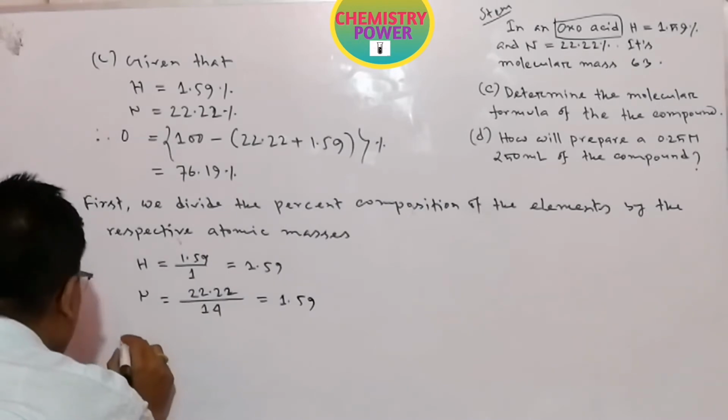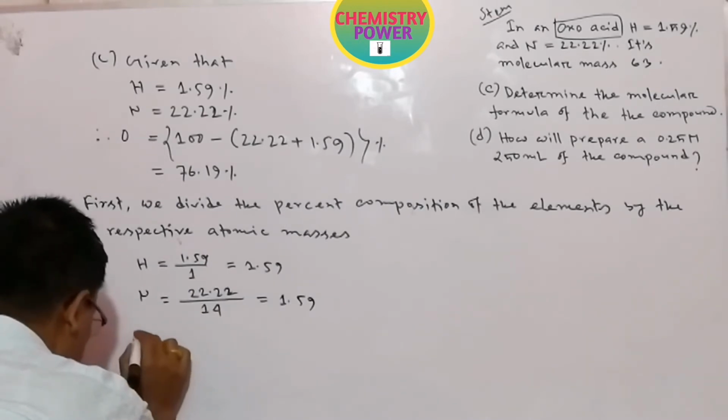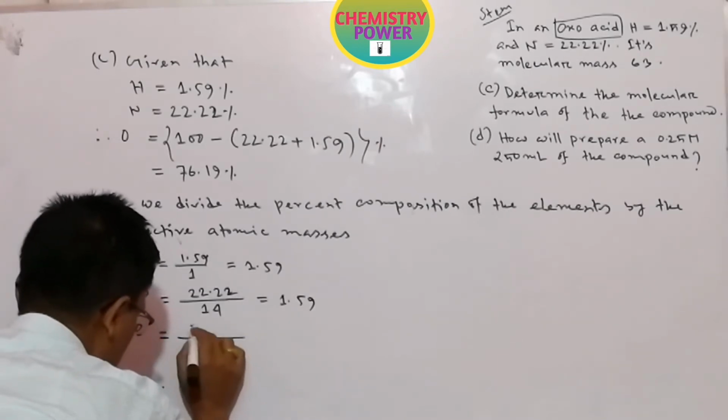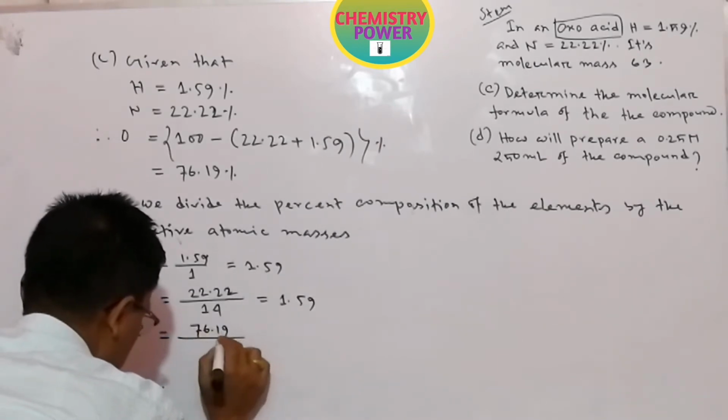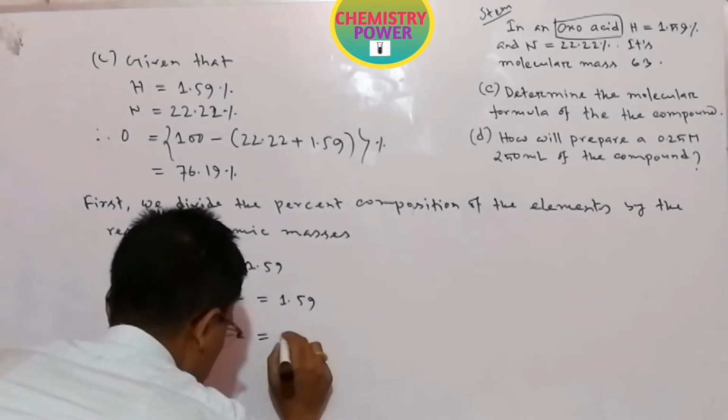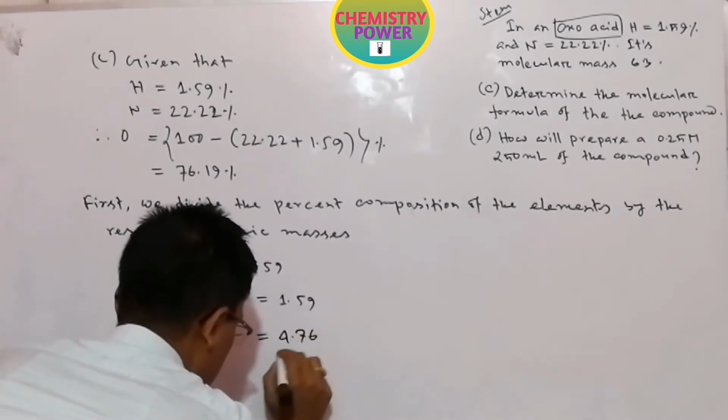And the last one, oxygen, 76.19 divided by 16 is 4.76.